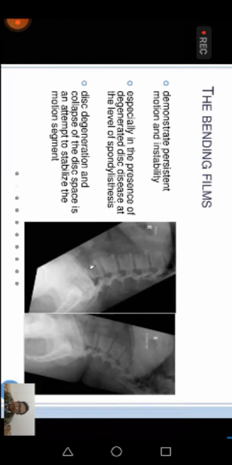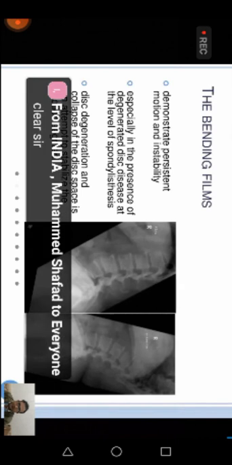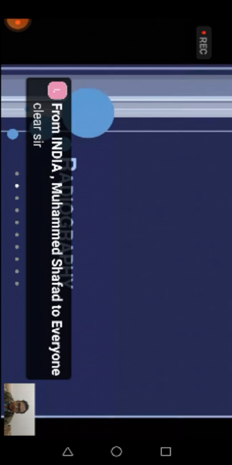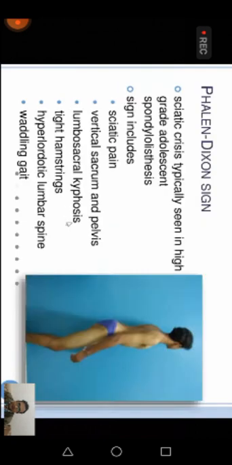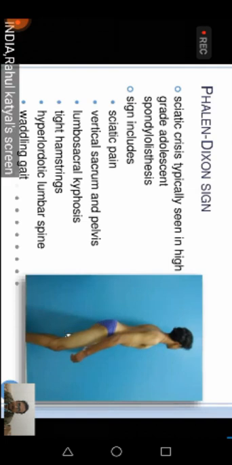Okay, there are many possible reasons. As we discussed in the last slide, if you observe this slide, there is a tightness of the hamstring muscle. Due to the tightness of the hamstring muscle, there is a shift in the spinal curvatures, and also the iliopsoas is tight.